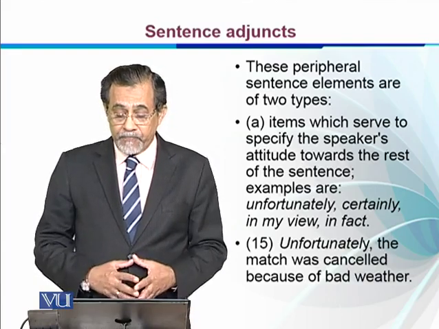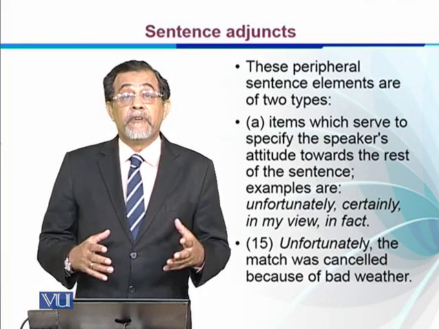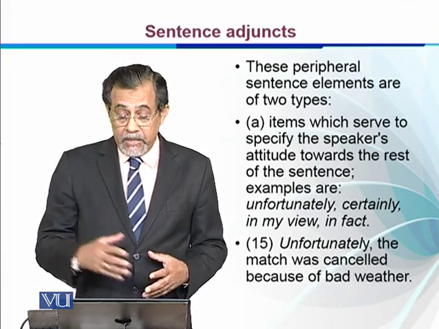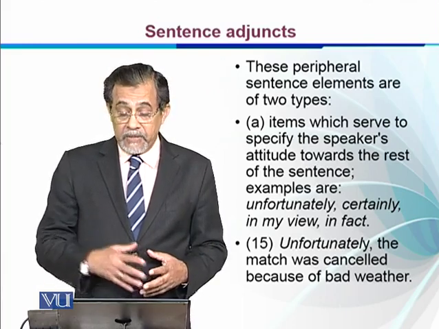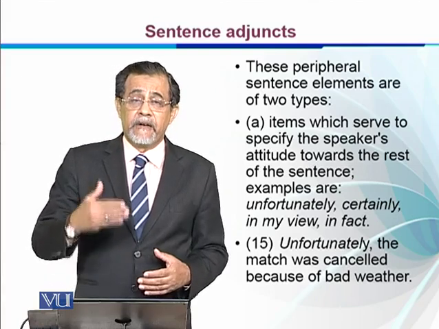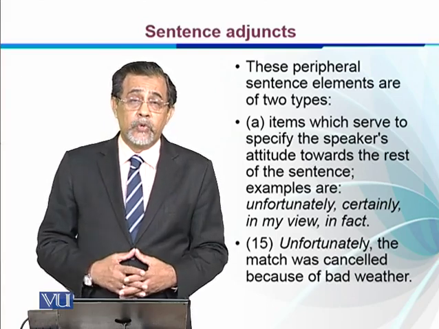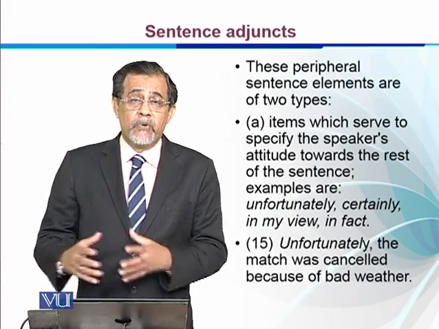For example, unfortunately, the match was cancelled because of bad weather. This peripheral element, unfortunately, has affected the whole sentence and told the attitude of the speaker about the rest of the statement.